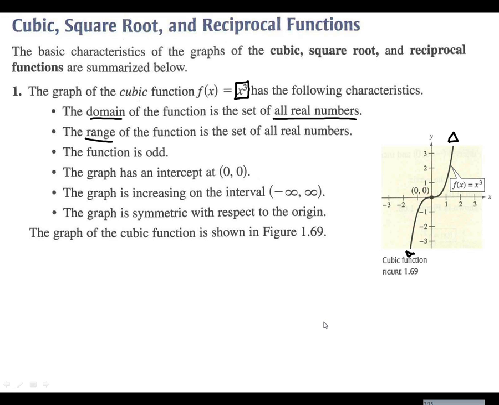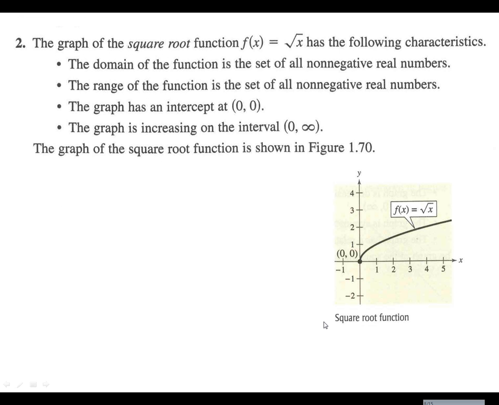The function is symmetric with respect to the origin. If we flip this over and rotate it 180 degrees, we would have the exact same thing, which means it's odd. We have an intercept at 0, 0. And it's increasing over the entire graph. It's always going up.